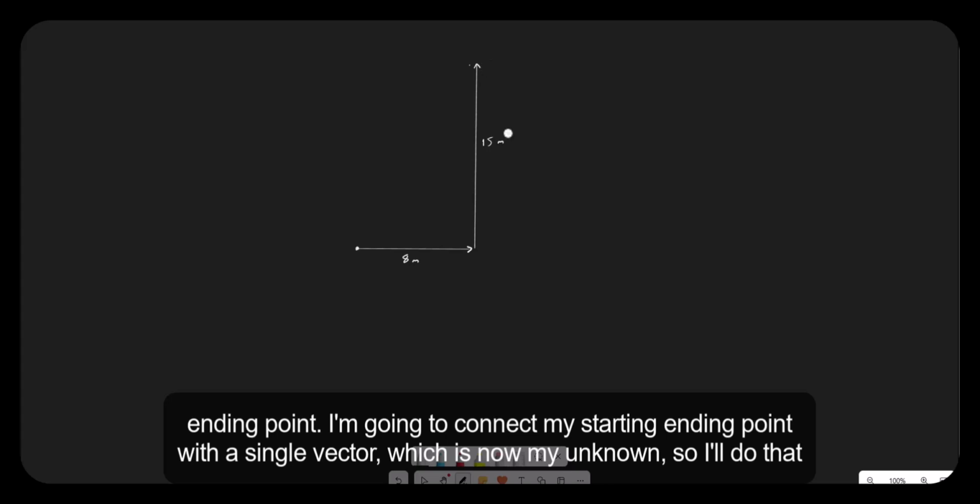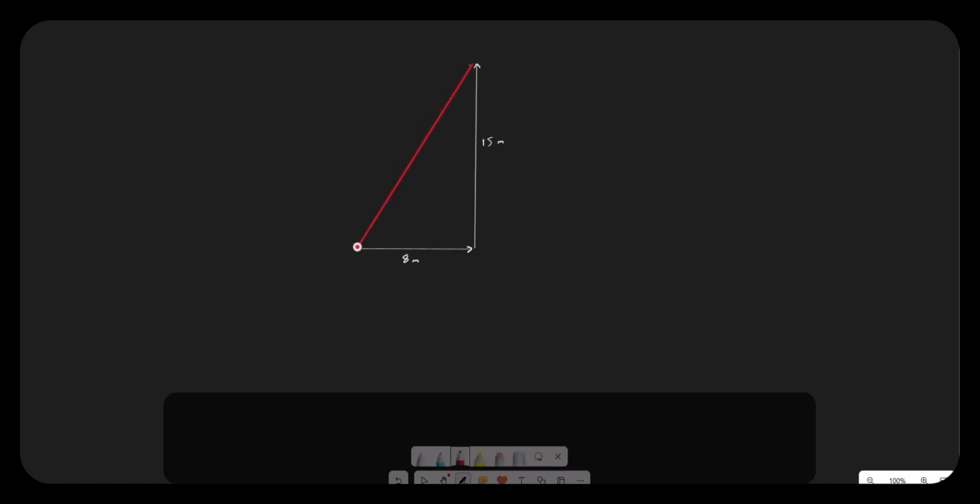I'm going to connect my starting and ending point with a single vector, which is now my unknown, so I'll do that one in red. And I have, again, made a right triangle. This is my Vx. This is my Vy.